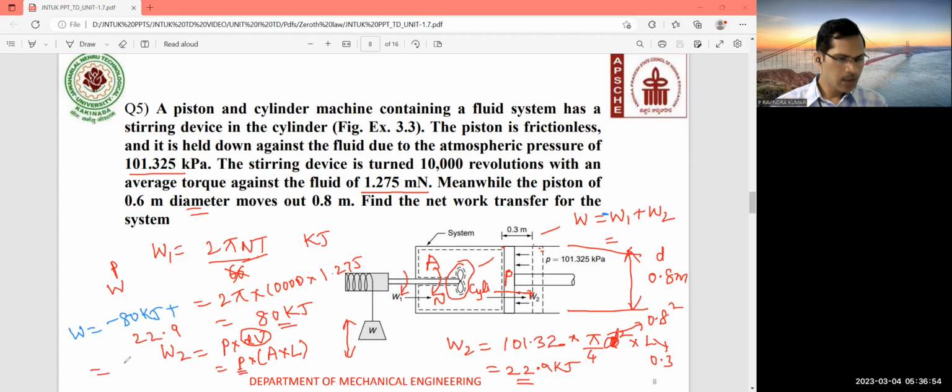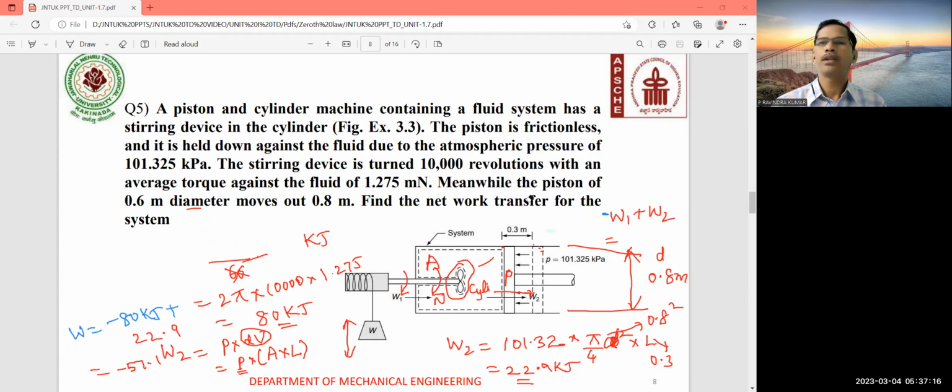So finally you will get minus 57.1 kilojoule. That minus sign indicates that you have work done onto the system. This is how the work transfer calculations are done.